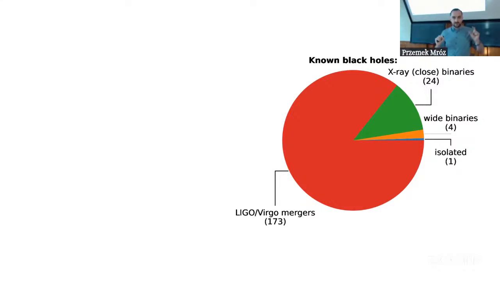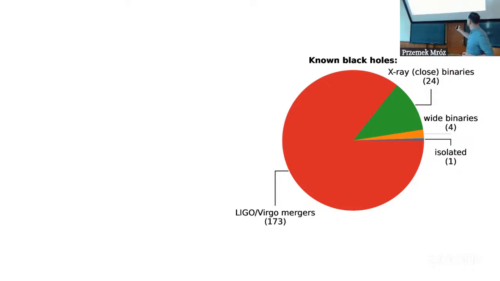So these are close binary star systems containing a black hole and a companion star, which may be a neutron star or a giant, which is transferring matter onto the black hole. So we see X-rays that are formed during the accretion processes when the matter falls on the black hole.